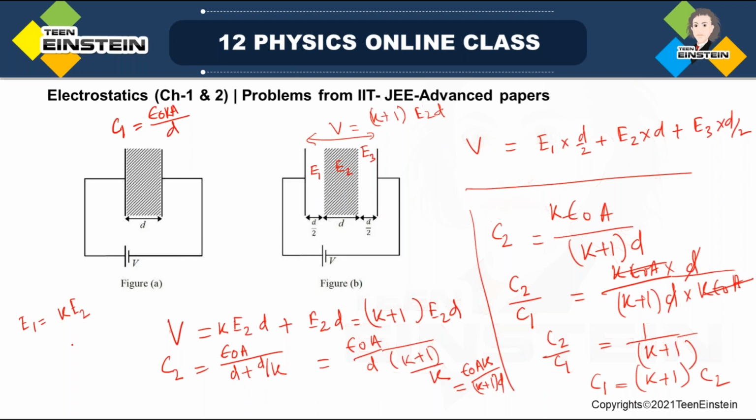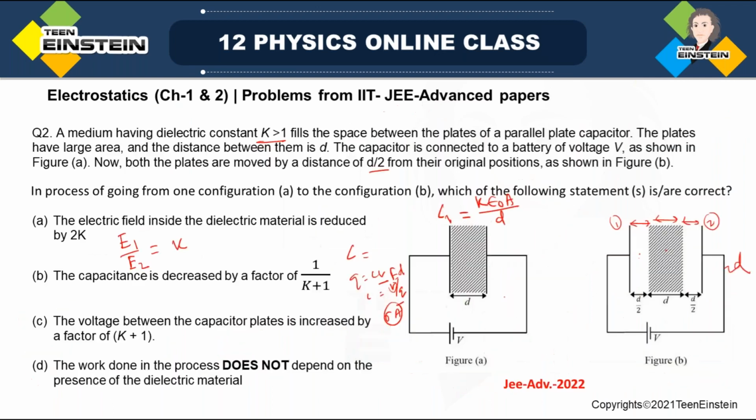That means it was reduced by K times. E2 by E1 will be 1 over K. It is reduced by K times, not 2K times. So the first option is not correct.